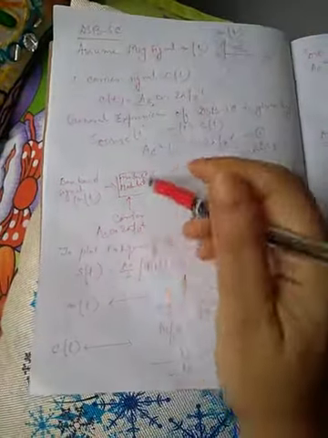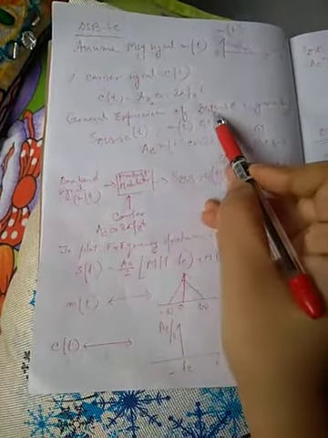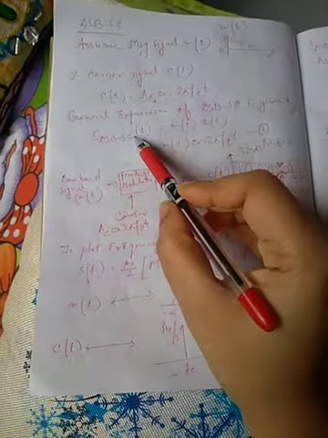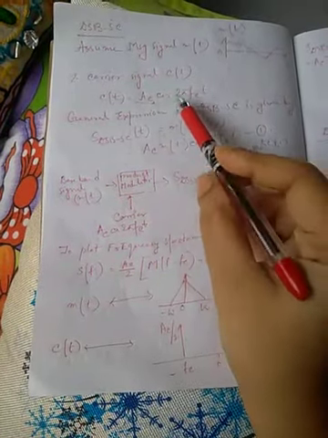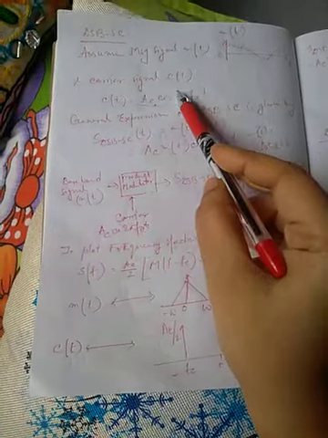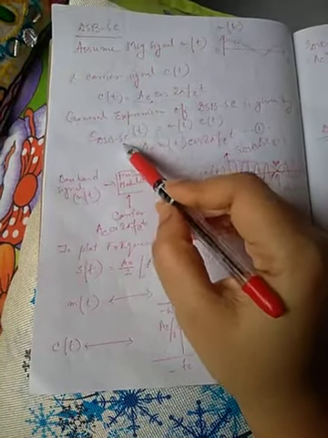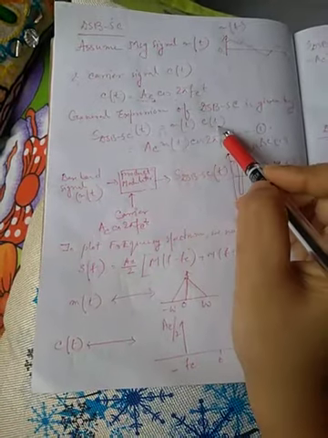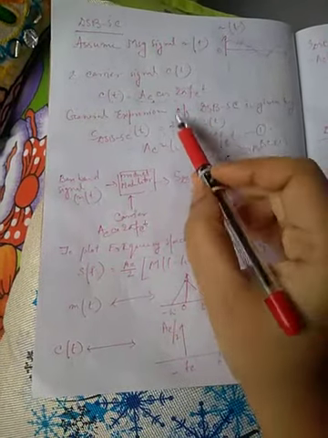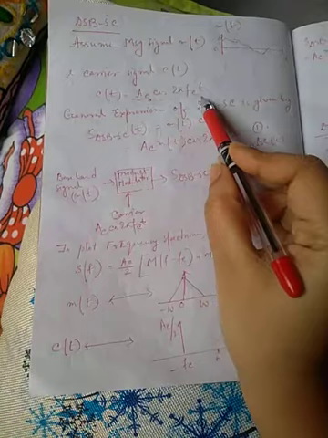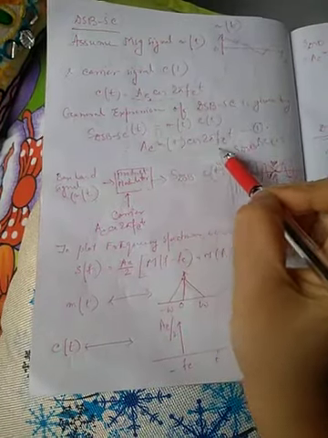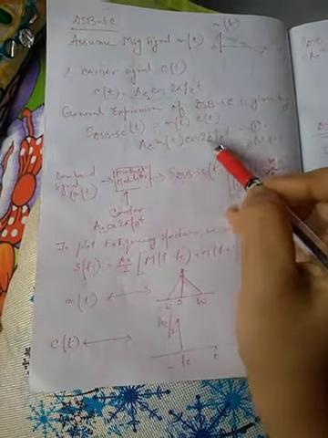The general expression of DSB-SC is the multiplication of the message signal and the carrier signal. So the DSB-SC signal is m(t) into c(t), where c(t) is Ac cos 2πfct. The final equation is Ac m(t) cos 2πfct.